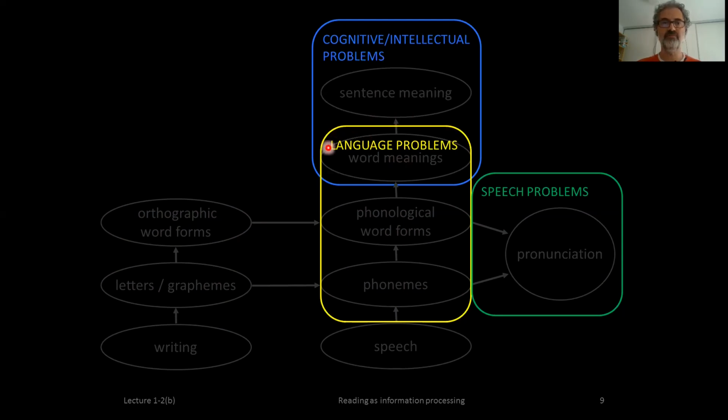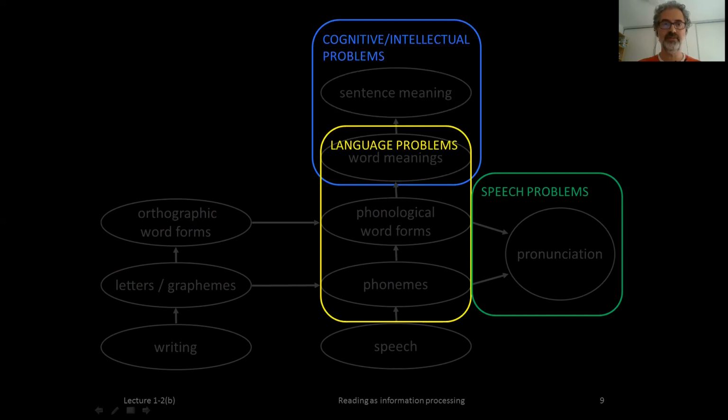So there is some overlap here. But it is important to distinguish for speech therapists whether there are difficulties with these information processing steps, which are language problems, or with more general understanding challenges, which indicates more general cognitive difficulties.